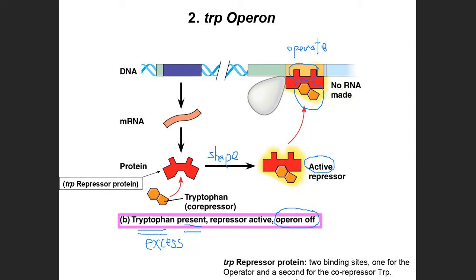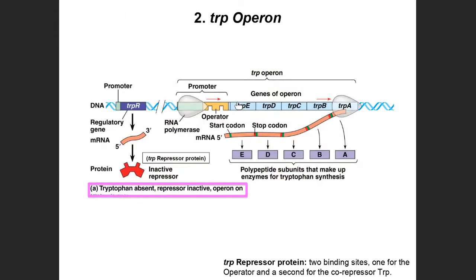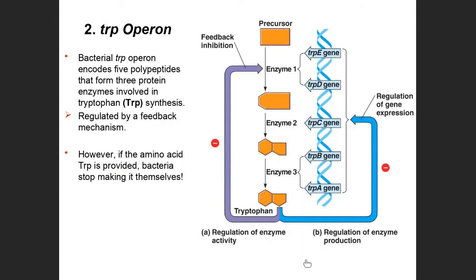Are there any questions on this Trp one? Please remember, I know they give you the genes here, but you don't need to know the names of the genes. Just know there are 5 genes in the Tryptophan operon that code for 5 polypeptides, and those 5 polypeptides form a total of 3 functional protein enzymes that are all involved in the same function, tryptophan synthesis.